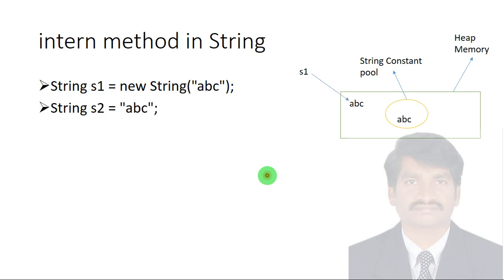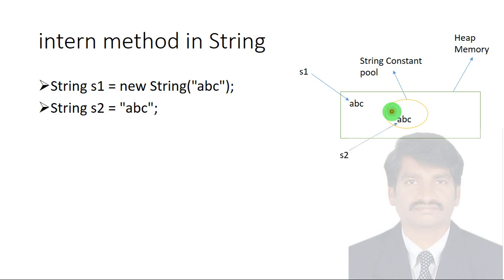Now when I'm trying to create String s2 = "abc" using literals, the object is already present in the string constant pool, correct? So it will not create a new object and s2 will point to this object.